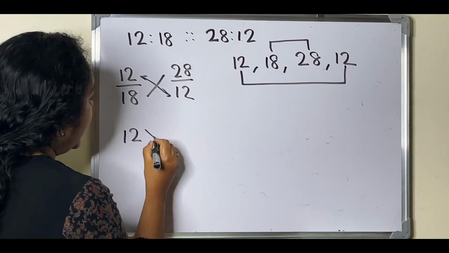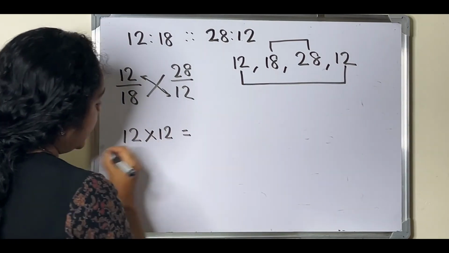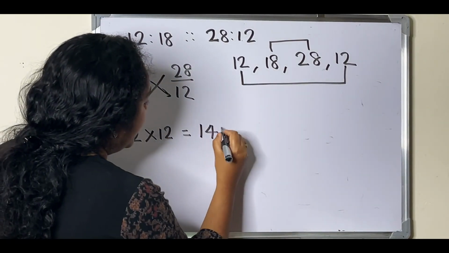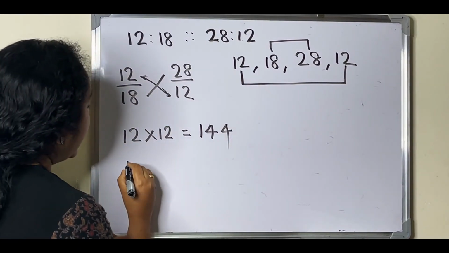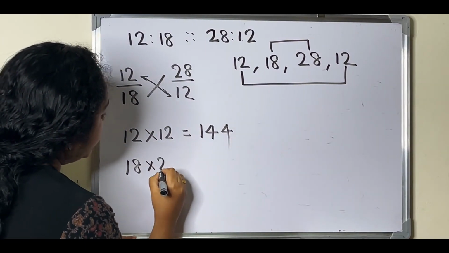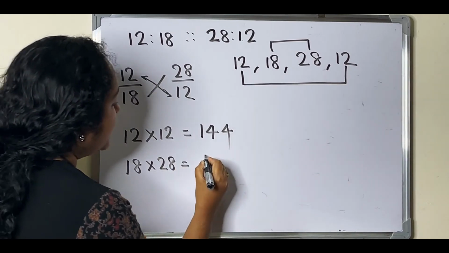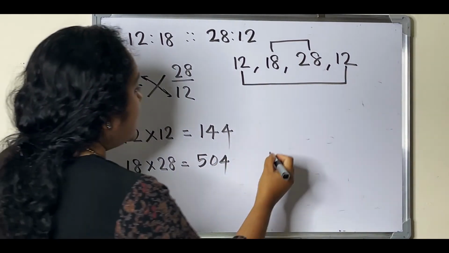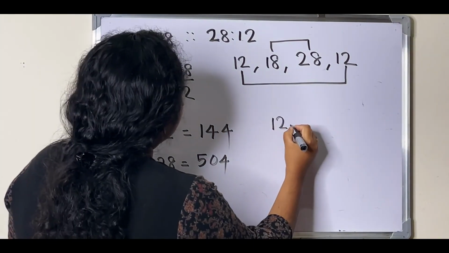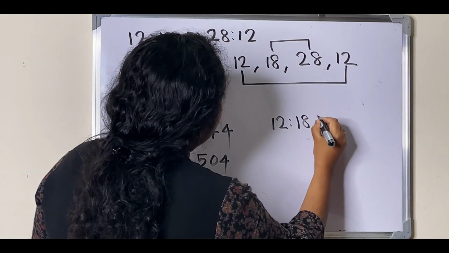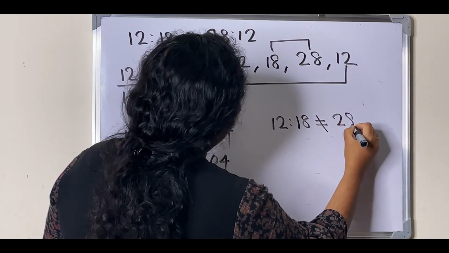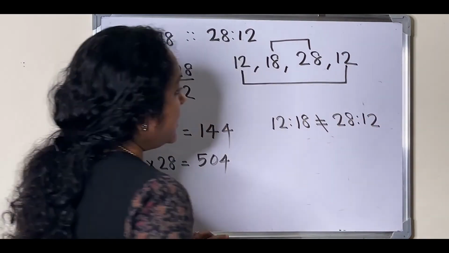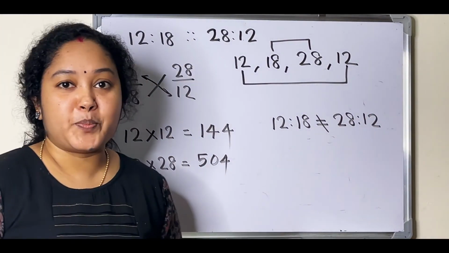So 12 into 12 is equal to 144. Then 18 into 28 is equal to 504. So 12 is to 18 is not equal to 28 is to 12. These two ratios are not in proportion.